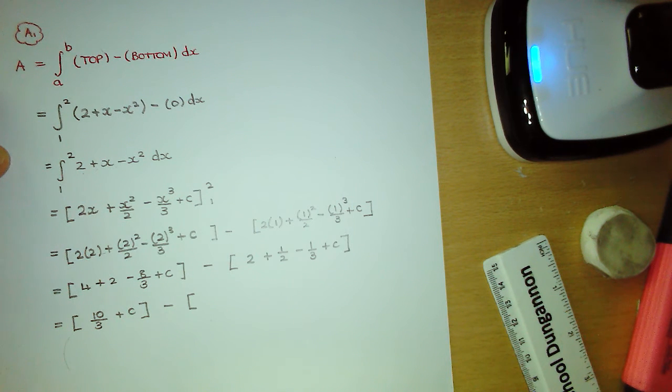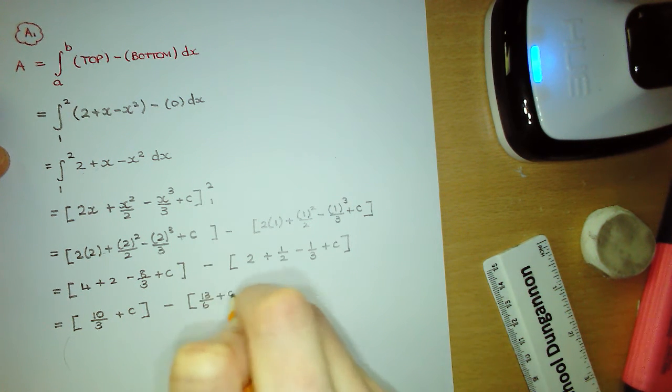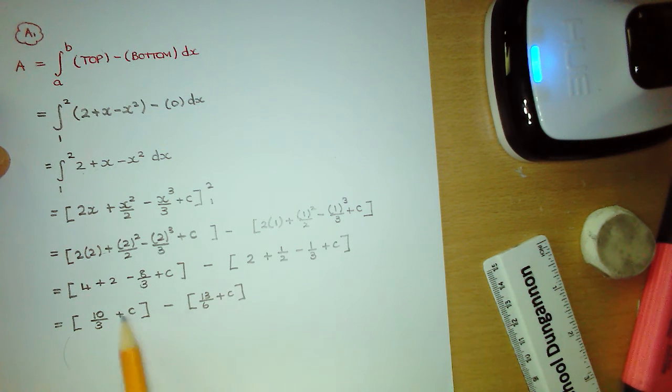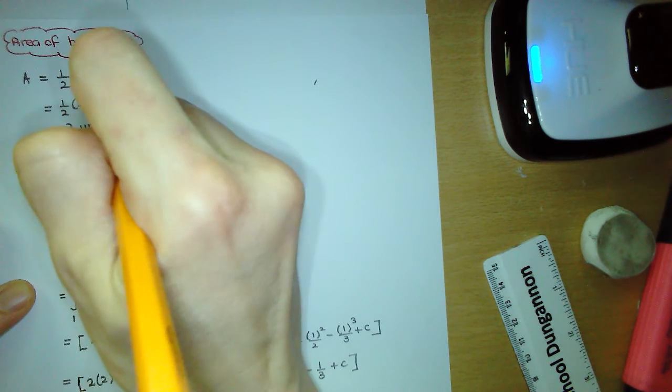So that's going to leave us with 13 over 6 plus c. So the c's cancel out. So we're left with 10 over 3 minus 13 over 6. And that's going to leave us with 7 over 6 units squared. Okay, I should actually have put units squared up here.